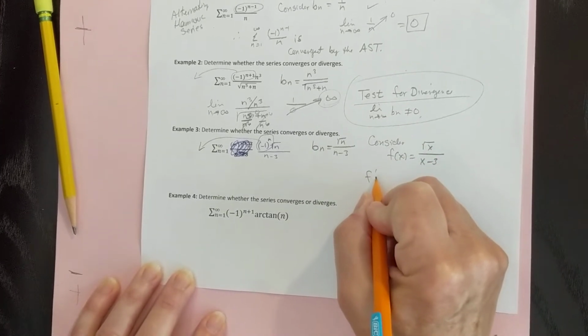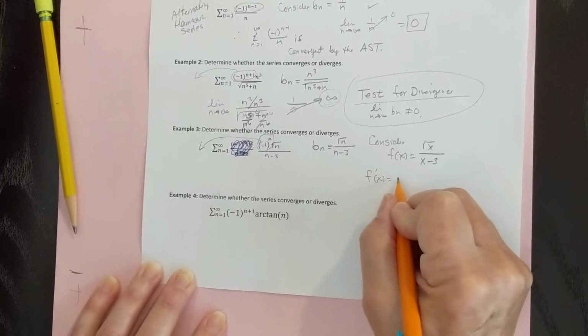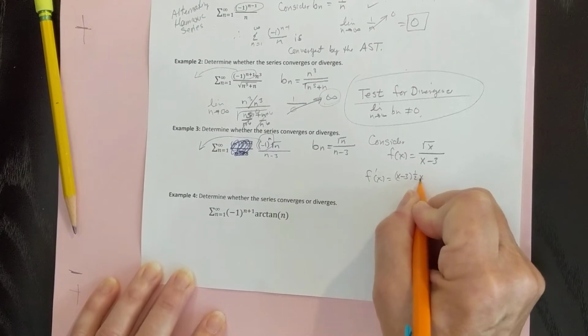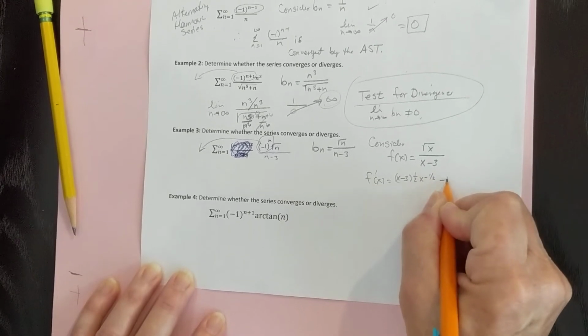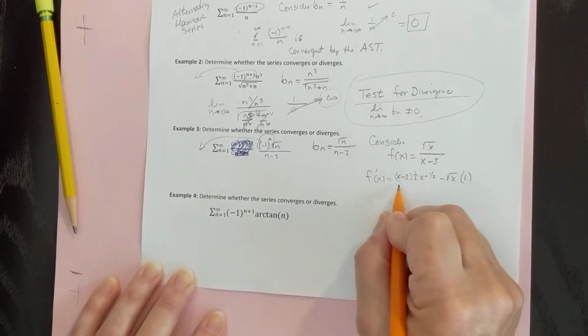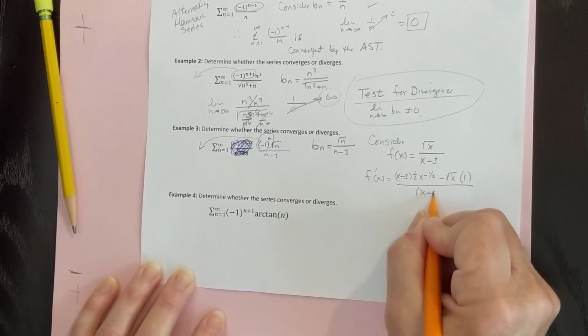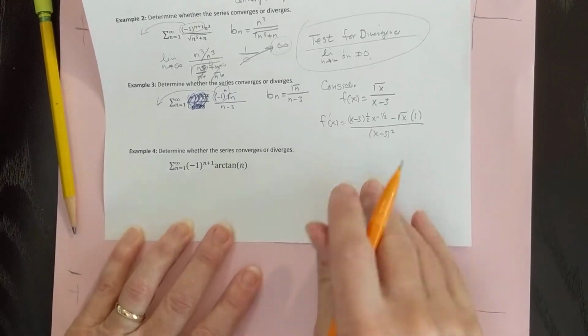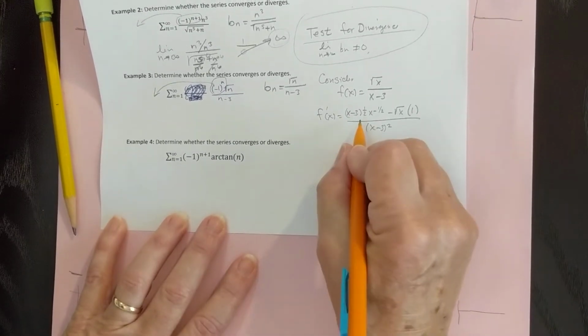So f prime of x would be low, x minus 3, d high, 1/2 x to the negative 1/2, minus high, square root of x, d low, which is just 1, over low, x minus 3 squared. What's happening here?